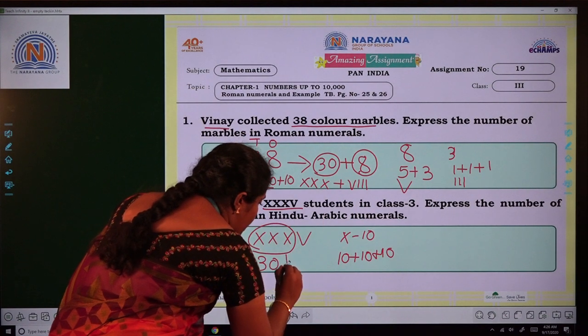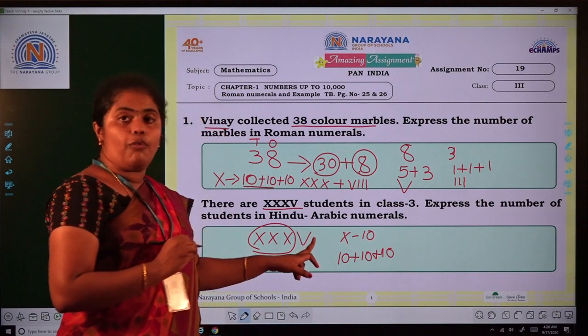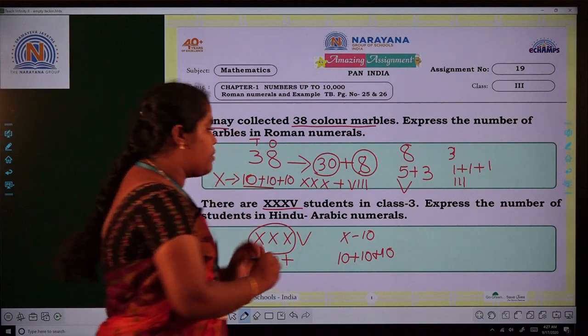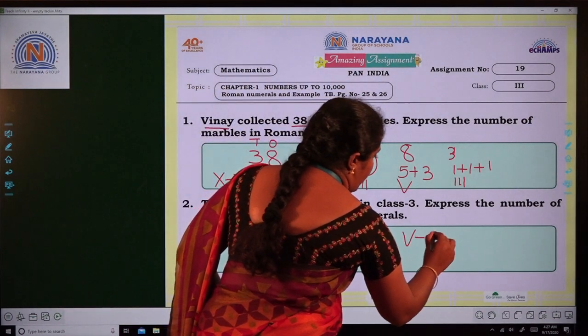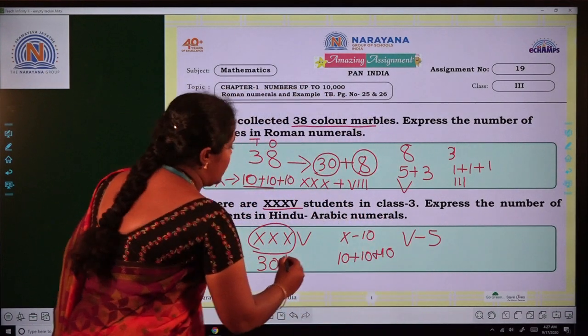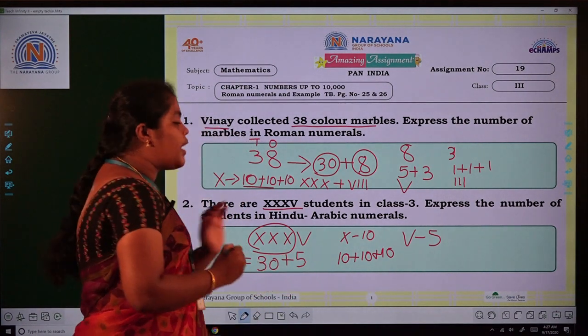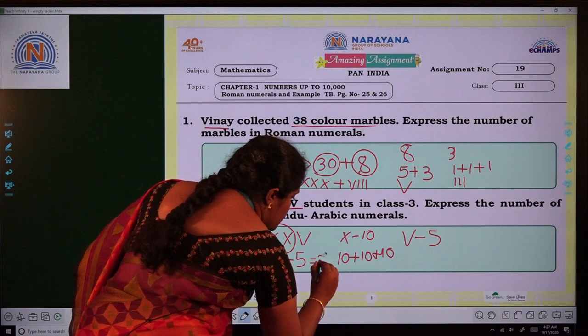And again you have to give the addition symbol. The symbol of V in Roman symbols we use to write the 5. V symbol is 5. 30 plus 5. So, my dears, how much? 30 plus 5? We get the answer 35. There are 35 students.